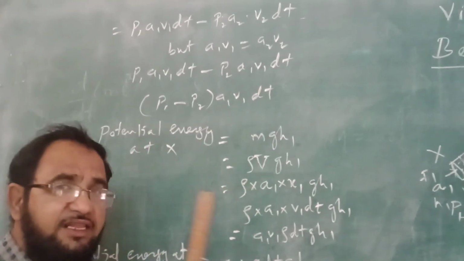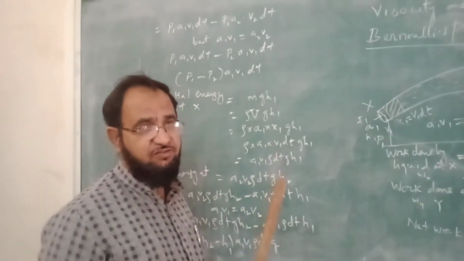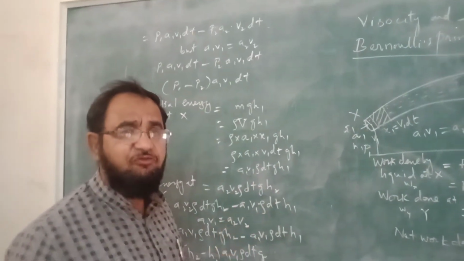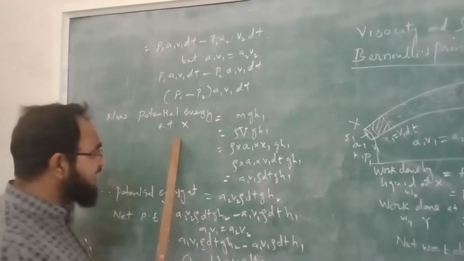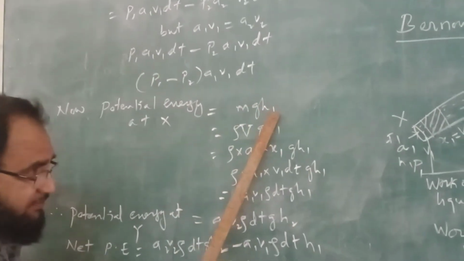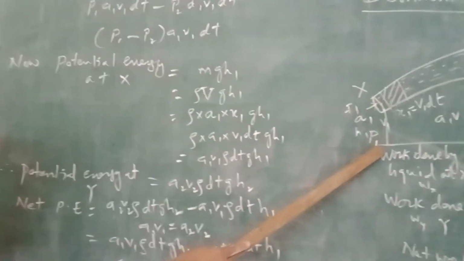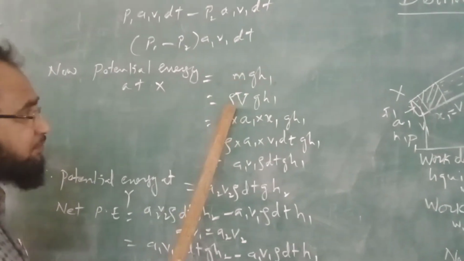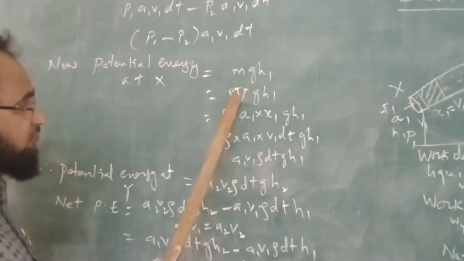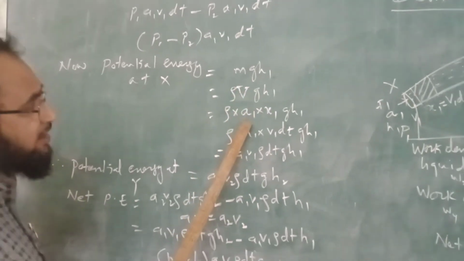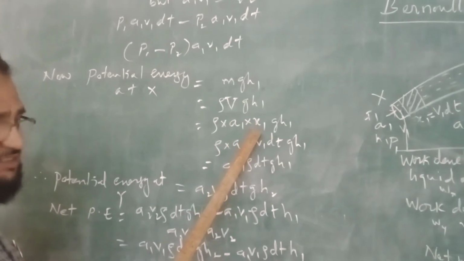Now I will find the potential energy of the liquid. We know that the formula for the potential energy is mgh. So at point X, mgh1, where h1 is the height of the liquid. So mass can be replaced by density into volume, gh1 as it is. Volume can be replaced by area into thickness.